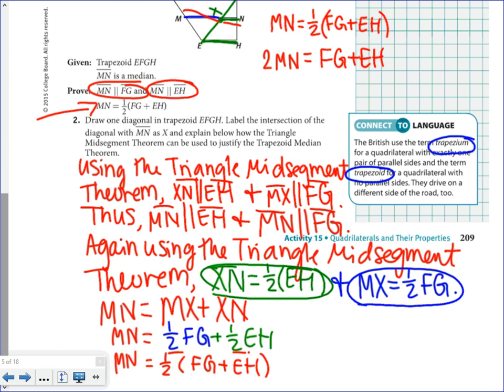We have them switched. And the book says that they also drive on a different side of the road. So if you go to a different country, they may use a different term and not use trapezoid. But here in America, we use trapezoid for a figure that has exactly one pair of sides that are parallel.